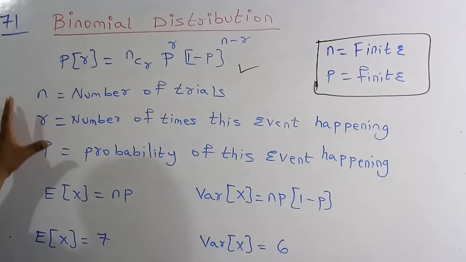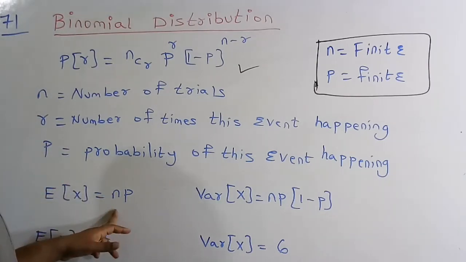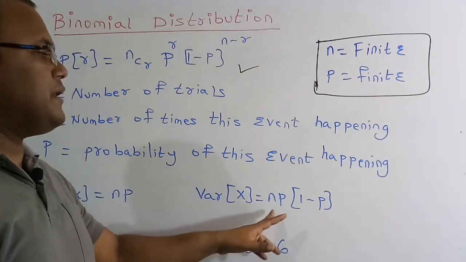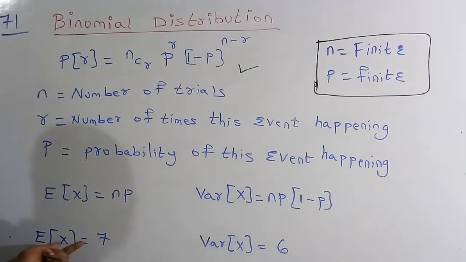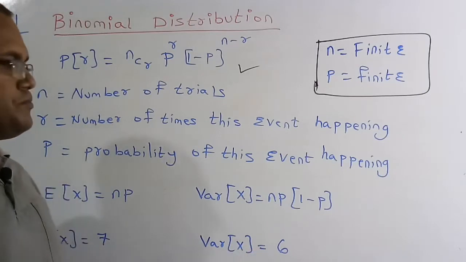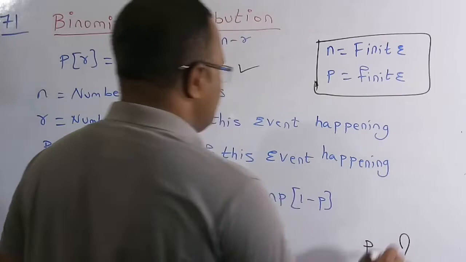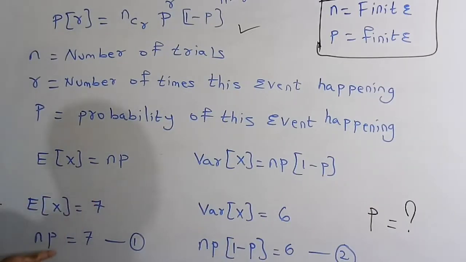Therefore, for the binomial distribution, the expectation of the random variable is equal to n into p, and the variance of the random variable is np into (1 minus p). In the question, they have given that the expectation of x is equal to 7 and the variance of x is equal to 6. Based on this, we have to find the value of the probability of success P. As I have already told you, expectation of x is equal to np, which they have given as 7. This is equation 1.